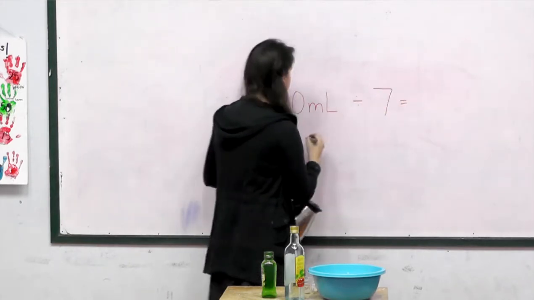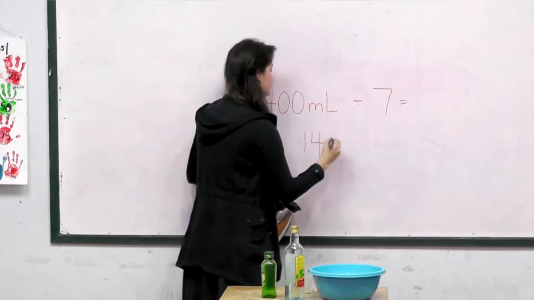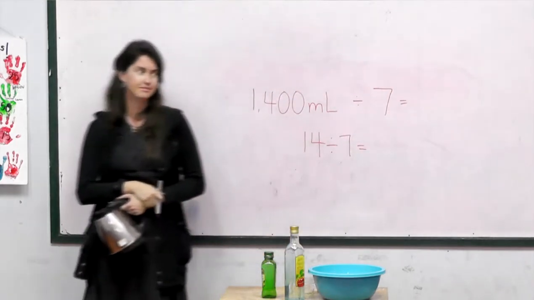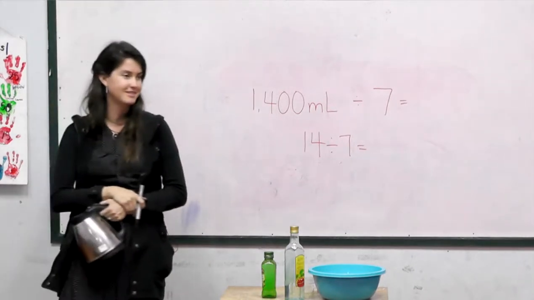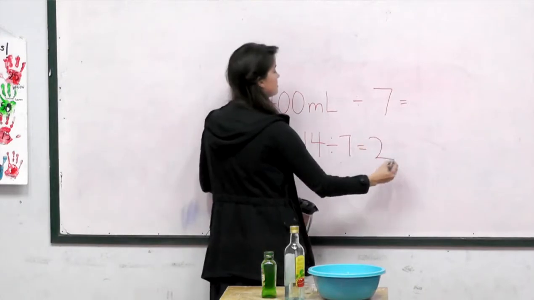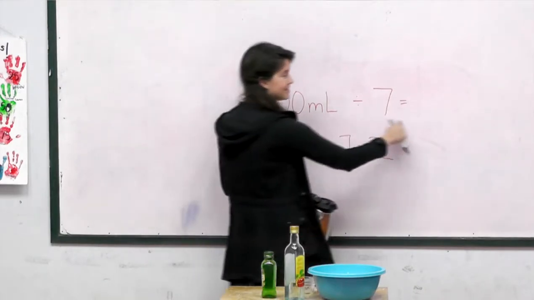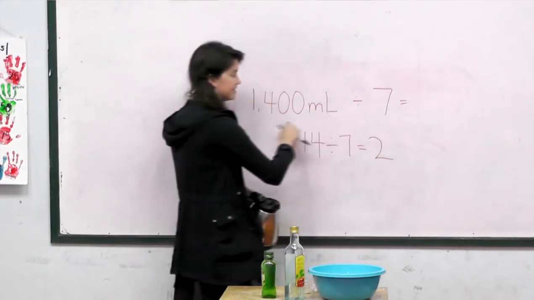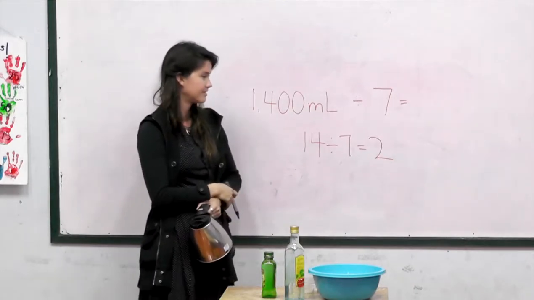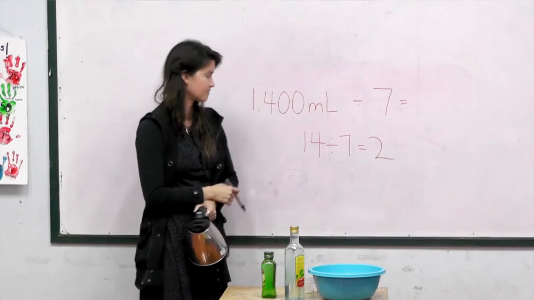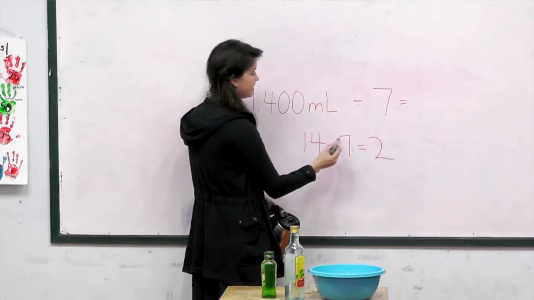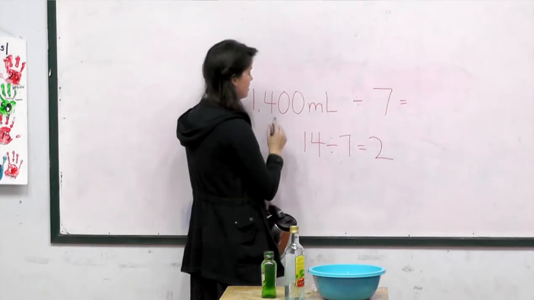For math facts, you want to think about this equation. 14 divided by 7 is 2. So if this is 2, what's this answer? 200.